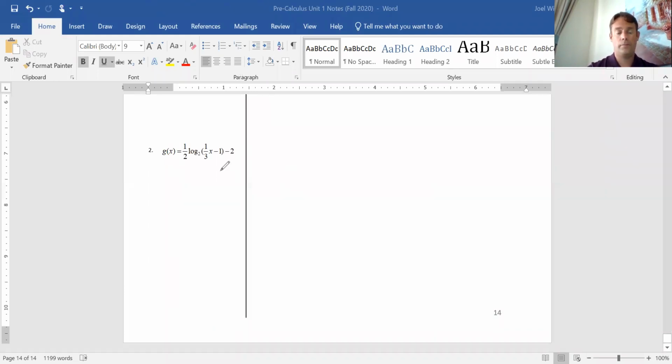Well, here we go. Begin with here. We're always going to factor out our b value. So g of x is 1/2 log base 2. And we're going to factor out the 1/3 out of it here, so 1/3. And that, when I divide 1 by 1/3, I get 3.